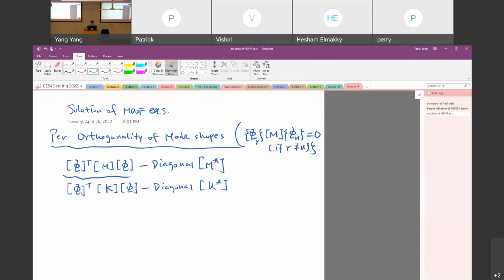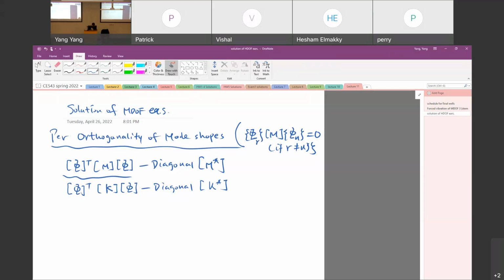For the damping, we can only assume because we don't know what the damping matrix is. Actually, theoretically, we cannot derive the damping matrix, unfortunately.